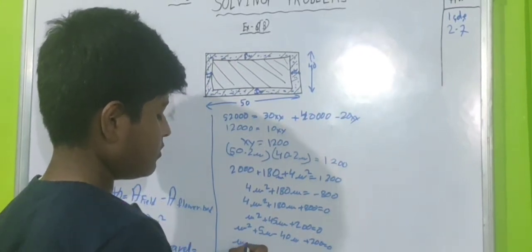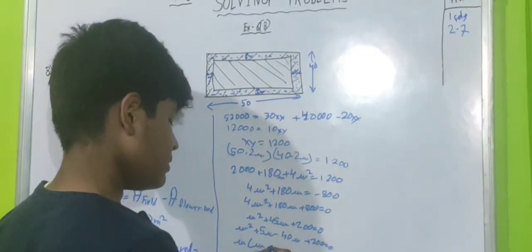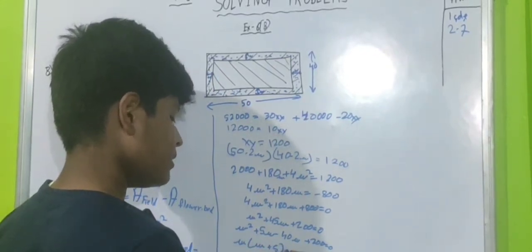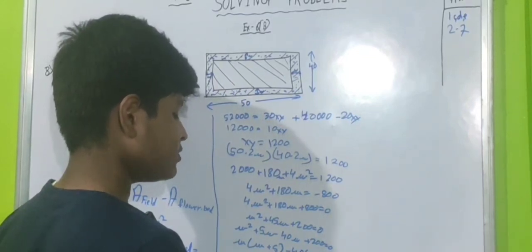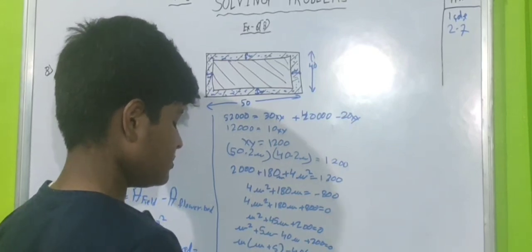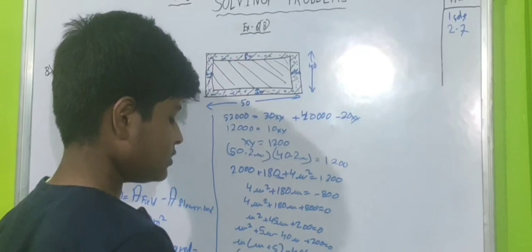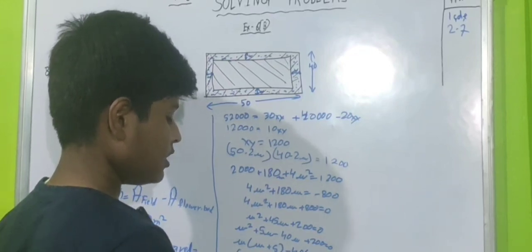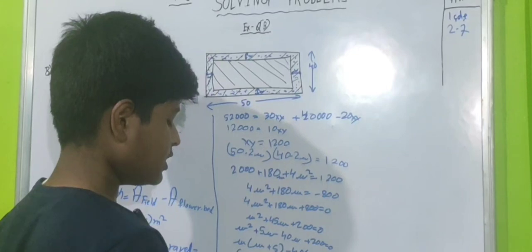So now taking w outside, you get w(w plus 5) plus 40(w plus 5) equals 0. So the two terms are w plus 5 and w plus 40.